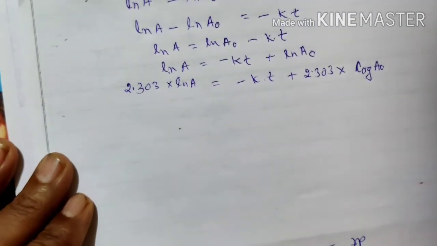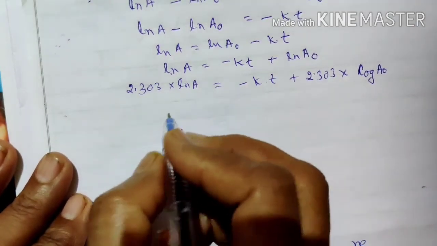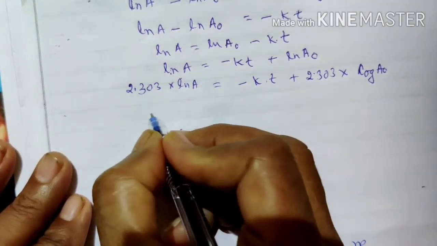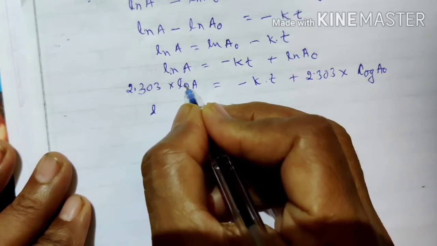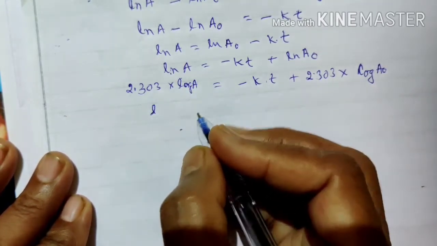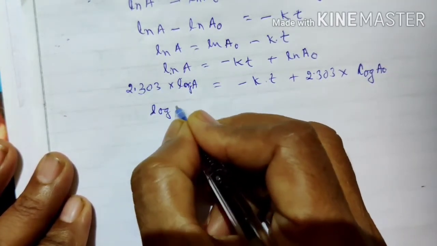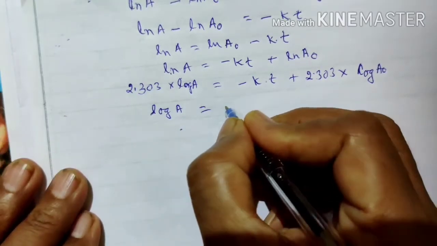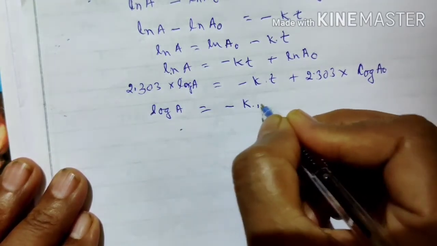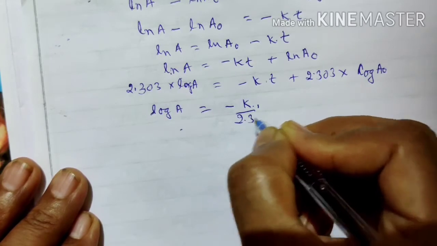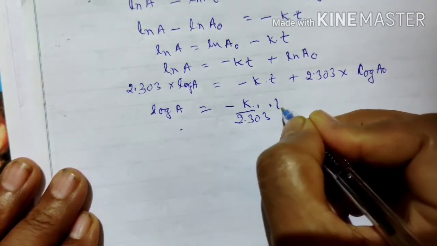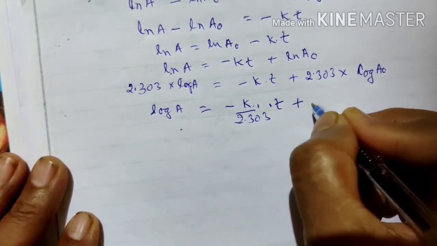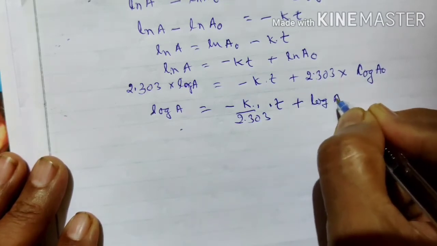Now we can write this log A is equal to minus k upon 2.303 into t plus log A0.